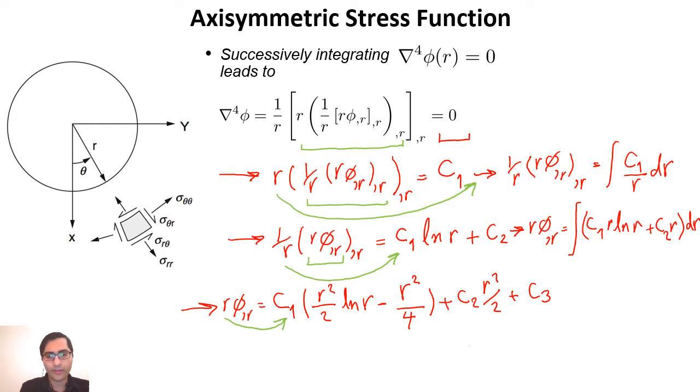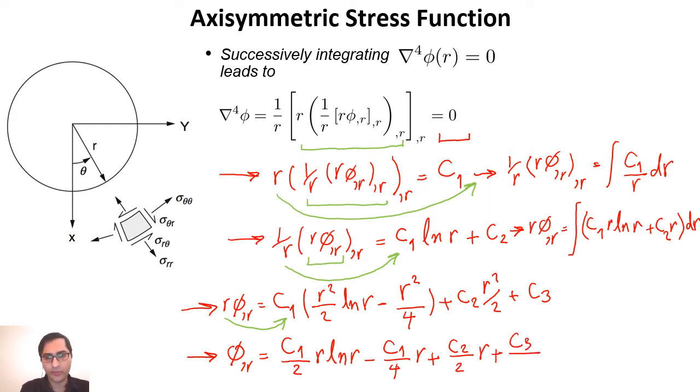Just pay attention that we end up with φ,r equal to c1 divided by 2 r ln of r, minus c1 divided by 4 r, plus c2 divided by 2 r plus c3 divided by r.